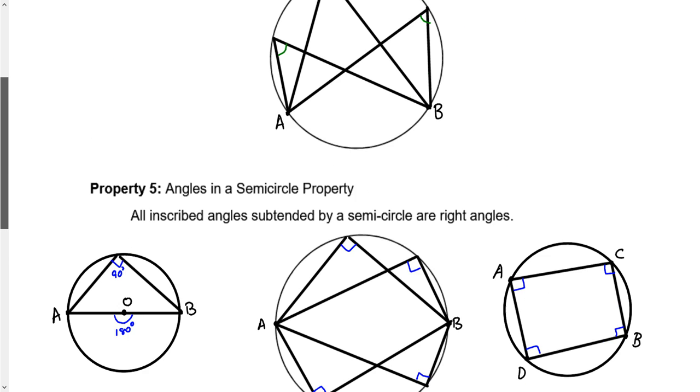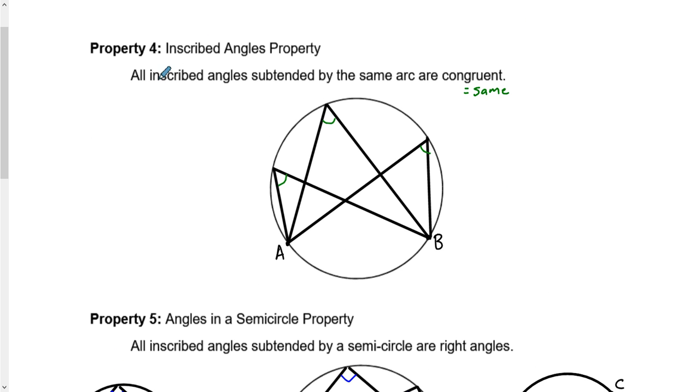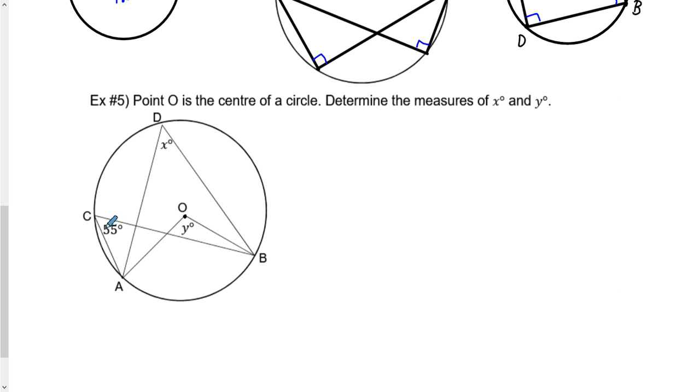Again, if we go back to property 4, all inscribed angles subtended by the same arc are congruent, or the same, which means we have this angle, which is inscribed with arc AB. This angle is also inscribed with arc AB. So X is 55 degrees.